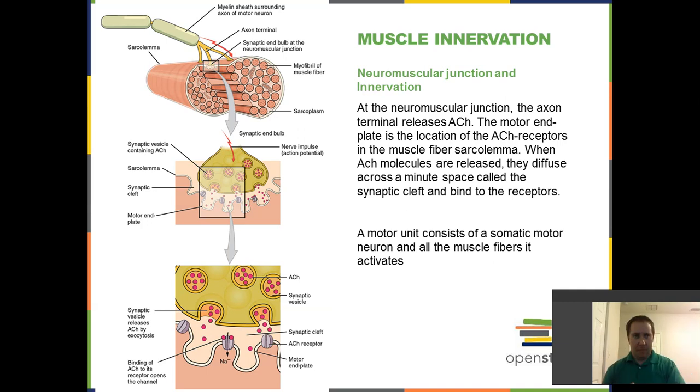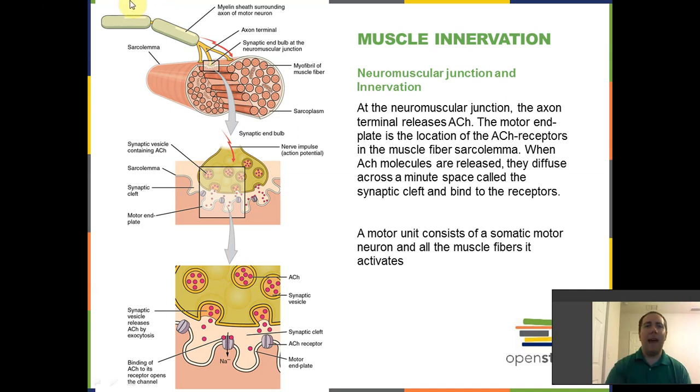And so there's going to be a neuron coming from my spinal cord or from my brain to every muscle in my body. And so what we're seeing here is called the neuromuscular junction. This is where the nervous system and the muscular system come together, which is why it is the junction.